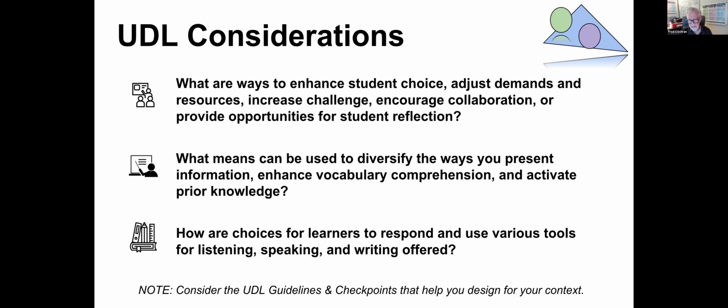What I like about these questions is that we're talking about each principle of Universal Design for Learning, right? We're talking about engagement, representation, action and expression, but we're doing that in a conversation.